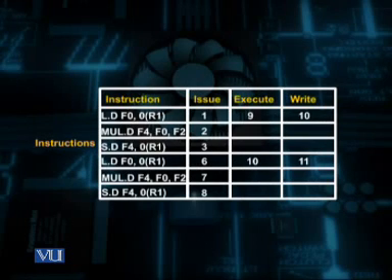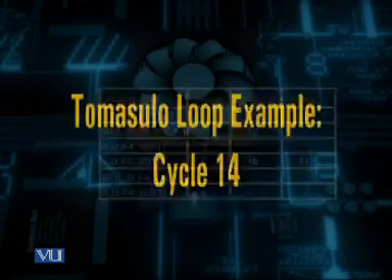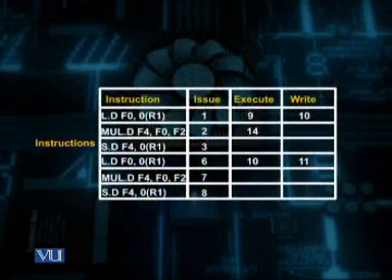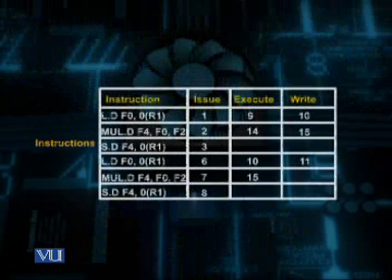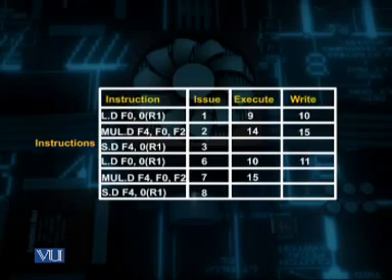So this continues, and in the 14th clock cycle, the first multiply instruction completes its execution. Therefore, in the 15th clock cycle, the result of the multiply operation is written in the respective destination register.